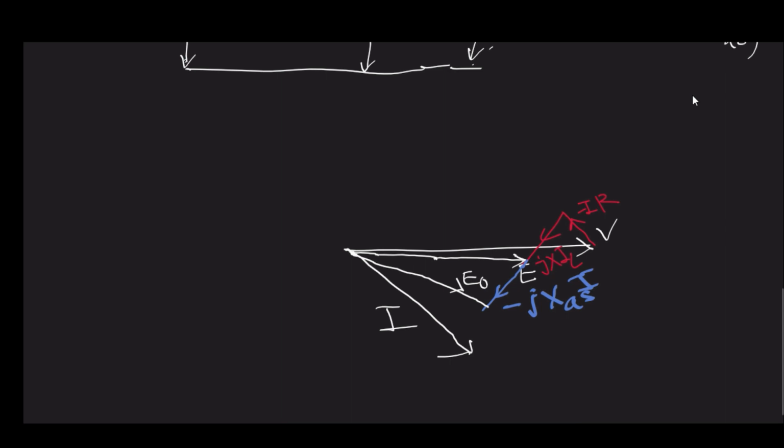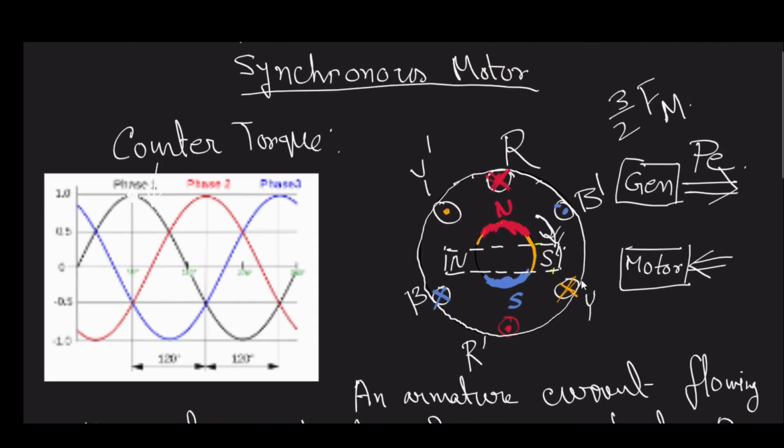Actually, see, when I'm talking about pull, I would like to go back to this diagram. See, basically, this is leading this one. Now, what is the angle of lead?